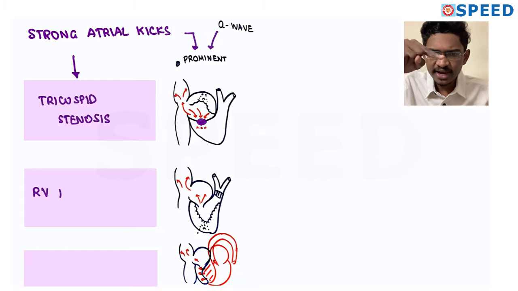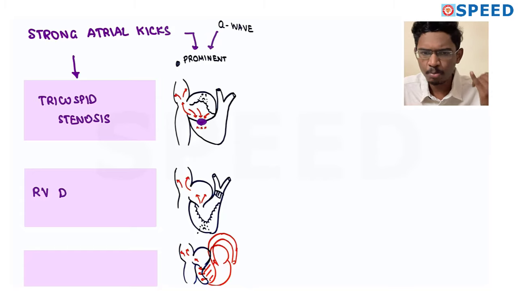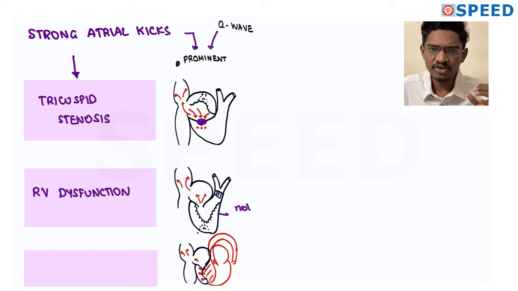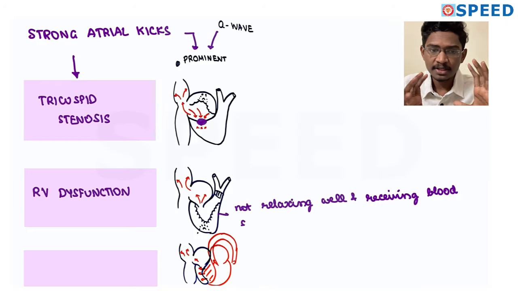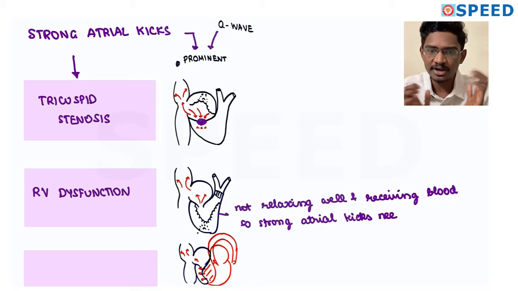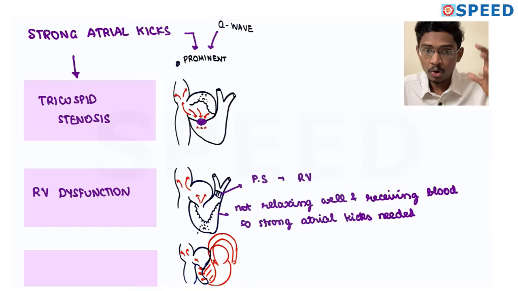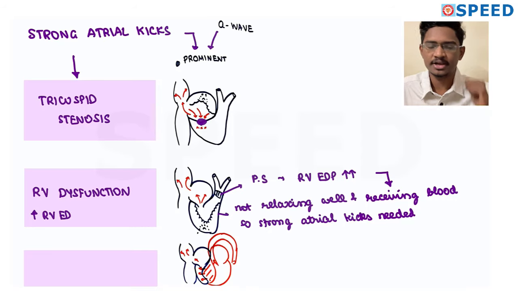Or any right ventricular outflow tract obstruction, like pulmonary embolus, pulmonary hypertension, pulmonary stenosis, where the outflow tract is narrowed. There the right ventricle undergoes hypertrophy and can't dilate properly to receive the whole blood from the atrium. So now the atrium should contract vigorously to push the blood from the atrium to the ventricles.